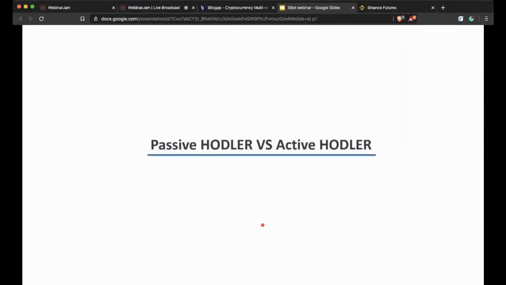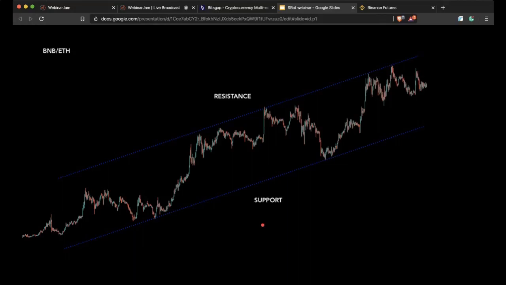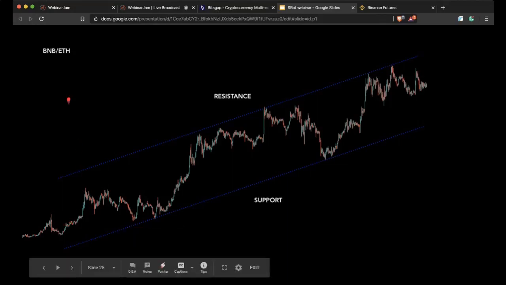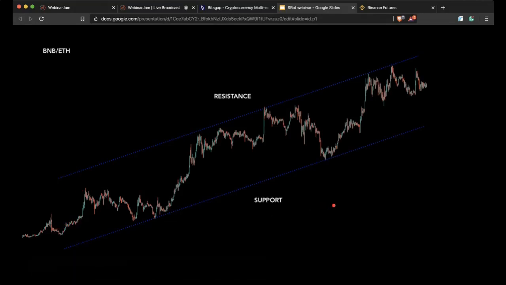But you have to ask yourself, are you a passive or active hodler? The difference is that active hodlers don't just buy the base currency and expect the price appreciation. They use automated trading bots like SBot, Classic Bot, or Scalper, so that while the price is moving upwards, the bot is making extra profit for you.